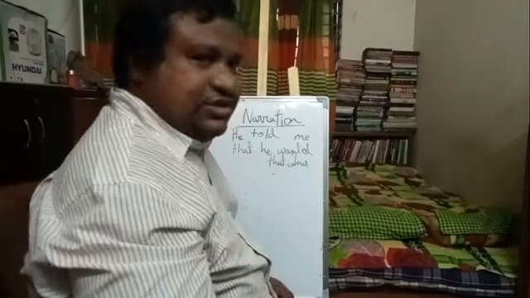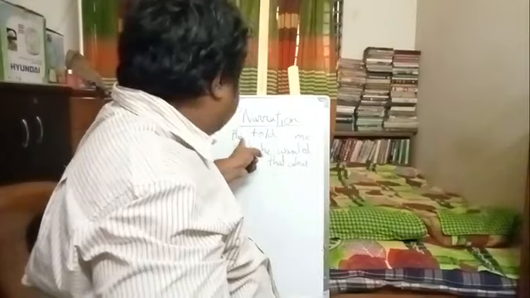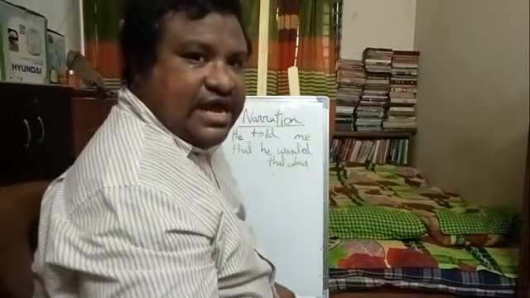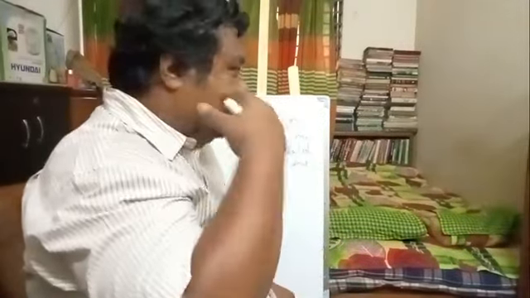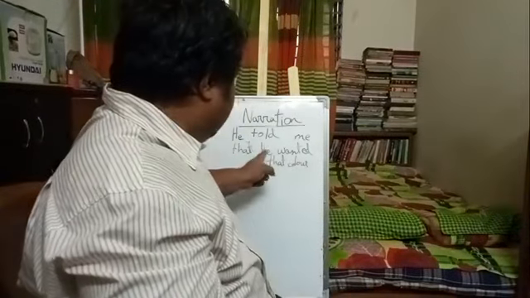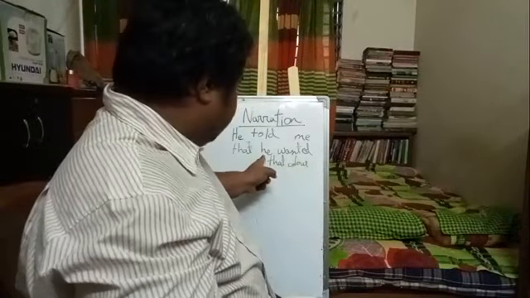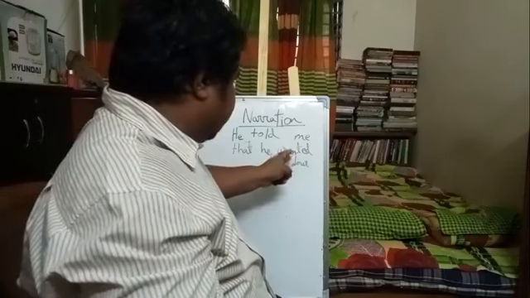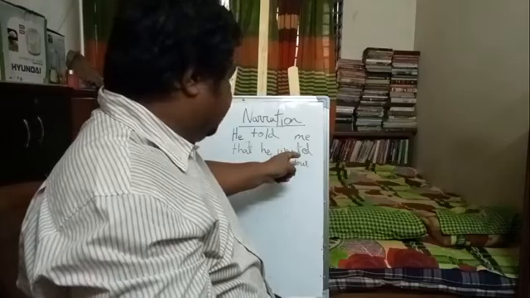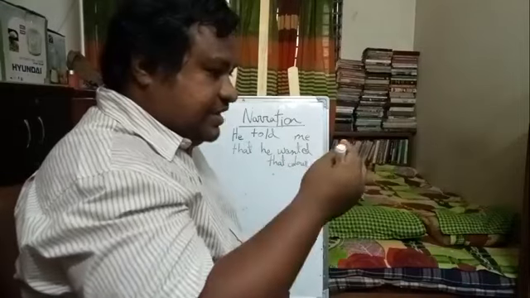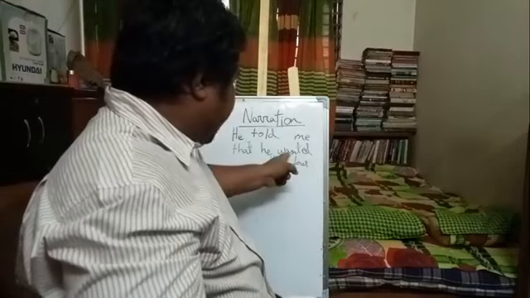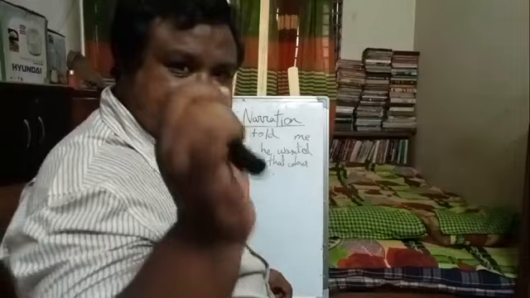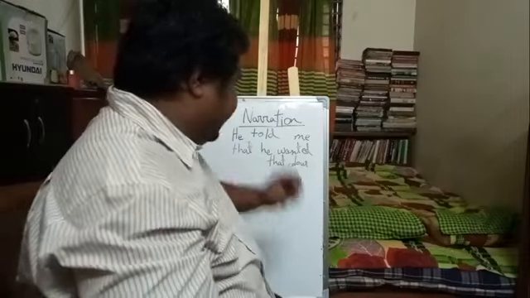In case of the change of the person, we are considering the subject along with the reporting verb. That is, the subject is he, so we will change it into he, third person. Then I am changing the tense of the reported speech. Instead of want, I am using wanted. Instead of this, I am using that.